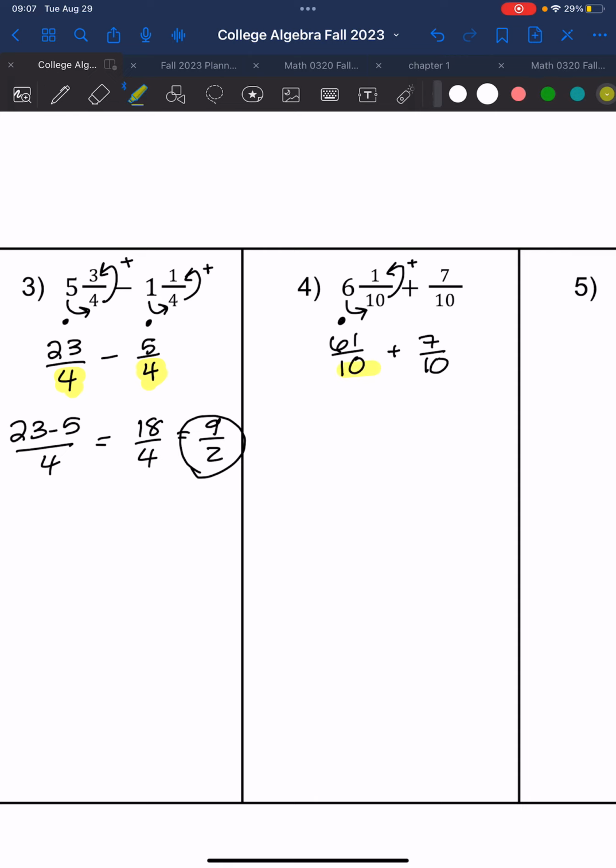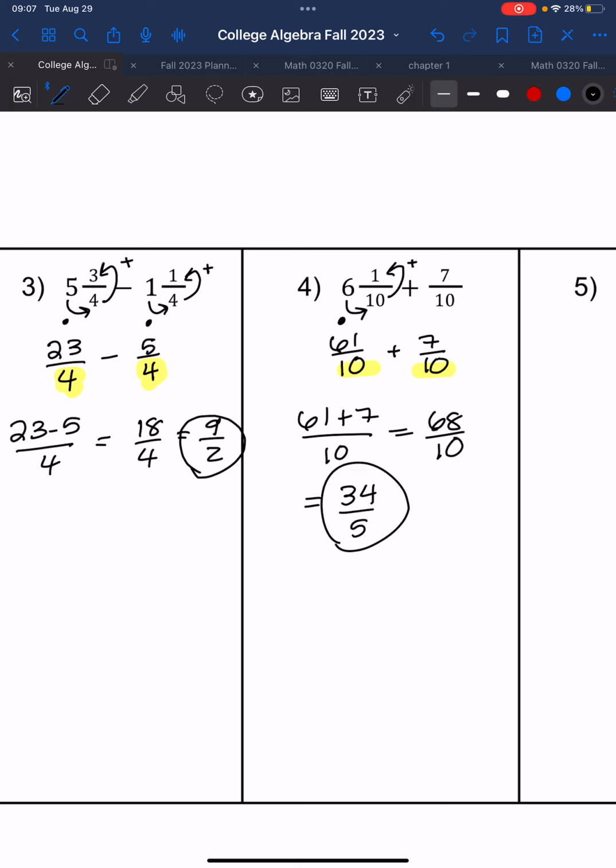Same denominator here, so we are just adding the numerators. 61 plus 7 over 10 is equal to 68 over 10. Okay, notice that we could simplify this by dividing both the top and the bottom by 2, and we would get 34 over 5. And that is our answer.